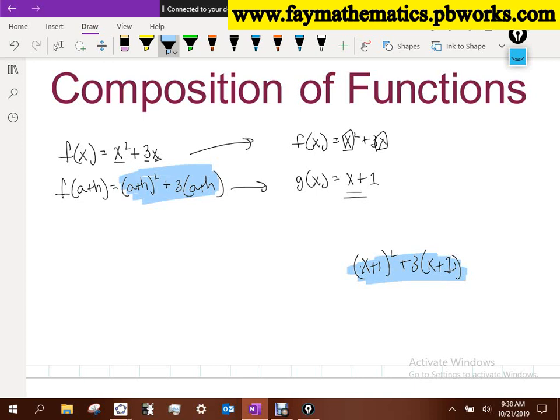This is two functions. The way we would write this is f of g of x.